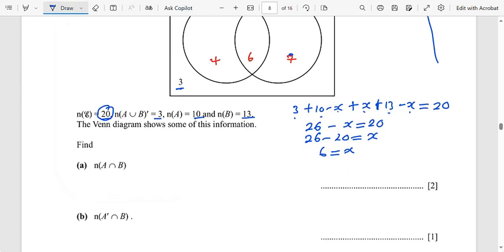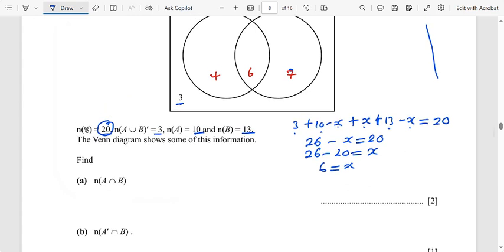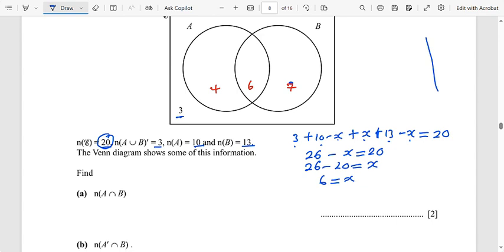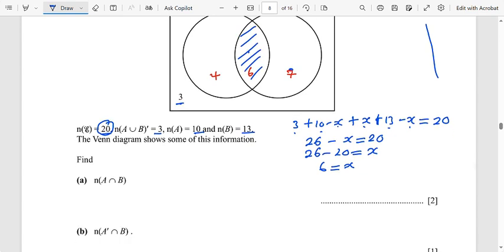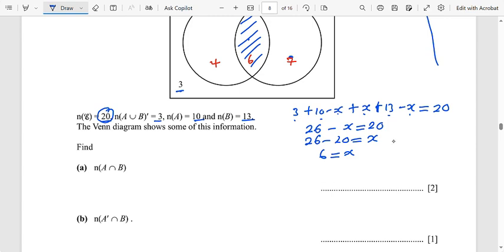I'm told to find the number of A intersect B. So for A intersect B, I'm looking at elements which are found in both A and B, and that's just 6 elements. Number of A complement intersect B: I'll use the set shading technique to identify which region is being talked about.